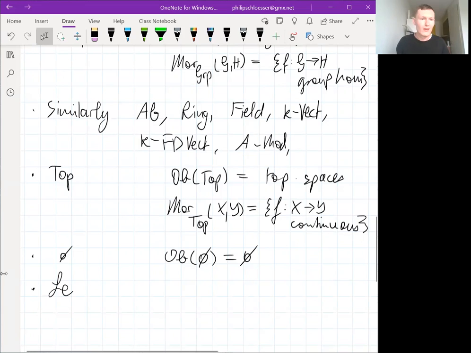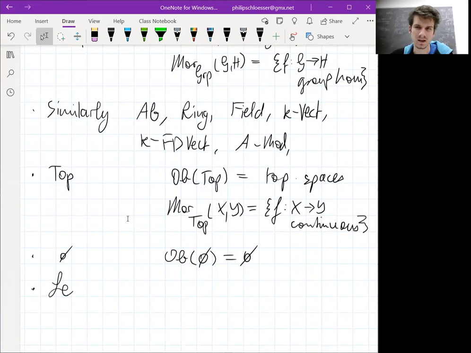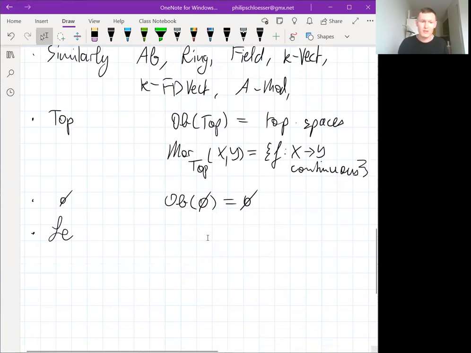That's it. Nothing more. But of course you can say compact topological spaces, connected topological spaces, again with continuous maps. Or if you really wanted, manifolds with smooth maps. Yes, those are two examples of categories.